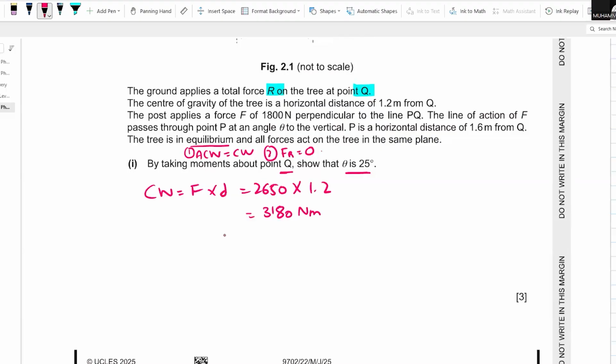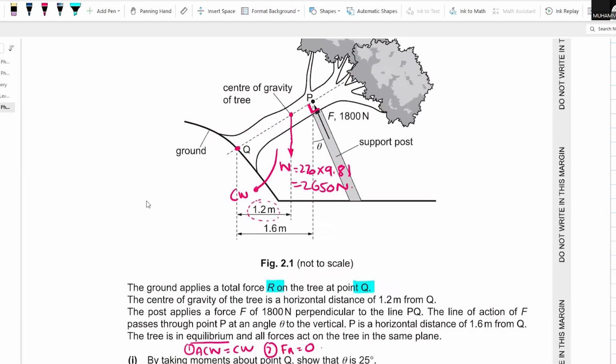Now, how will we calculate the anti-clockwise moment? There is only one force which is causing an anti-clockwise movement, that is 1800 Newton. This is causing an anti-clockwise movement like this. How to calculate this anti-clockwise moment? This is a force of 1800 multiplied by the perpendicular distance from the pivot. What is the perpendicular distance from the pivot of this 1800 Newton force?